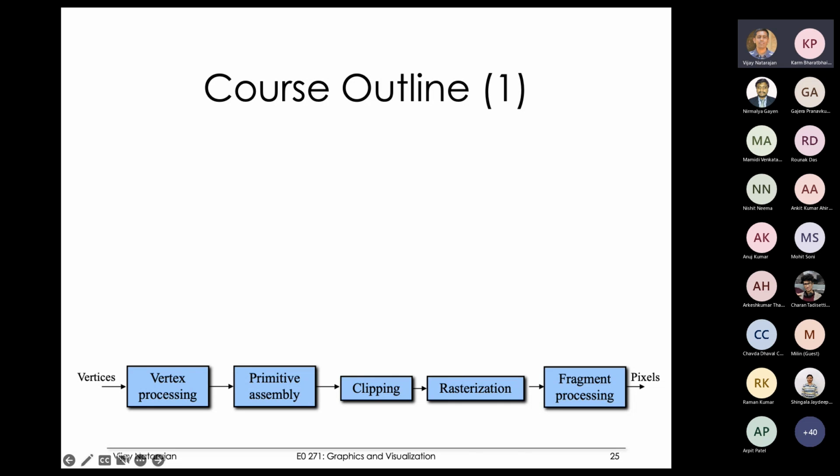Then they are clipped so that you see only the part of the world that lies within your view volume, essentially your field of view. If you have taken photographs, then you know what a field of view is. Until the clipping stage, we are talking about the 3D world, the 3D geometry. This has to be converted into images, essentially a raster image, a collection of pixels.